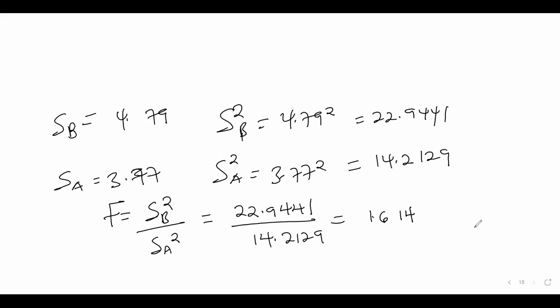Now we are going to read the critical F from the table. But before that, we need the degree of freedom of the numerator. So the degree of freedom of the numerator is the sample size of group B minus 1, because group B is the numerator. And the sample size of group B was 31, so minus 1 is 30.